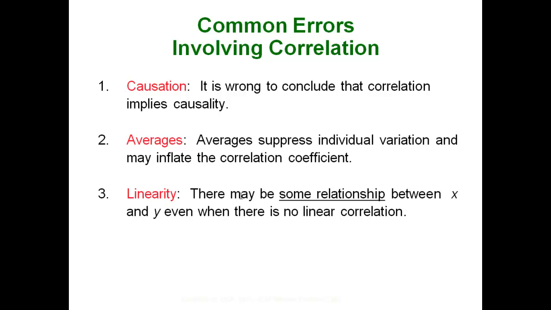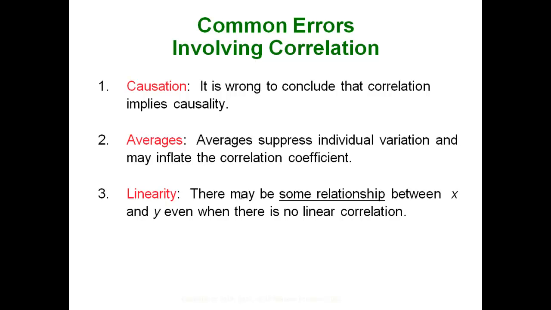Because you've gotten rid of all that variability, you will often get results that are much stronger than they would be had you looked at the original set of data. So if you're trying to correlate one set of measurements to another set of measurements, and those are both averages, so you're now looking for a correlation between averages and averages, you're going to get a very strong correlation that might not actually be there. So using averages will inflate your correlation coefficient. It'll make your R closer to 1 or -1.